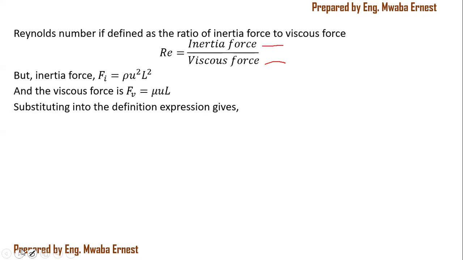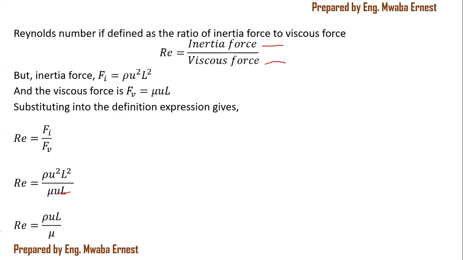So after substituting, what are we getting? We have Reynolds number is equal to Fi over Fv. Fi is density U squared L squared. Fv is mu U L. So that combination already gives us these.